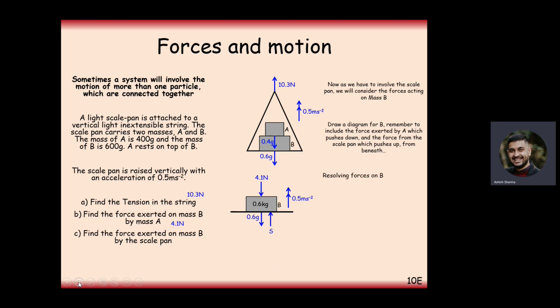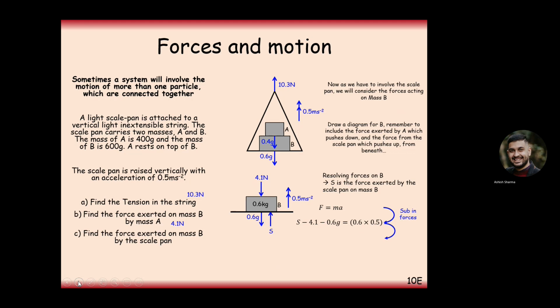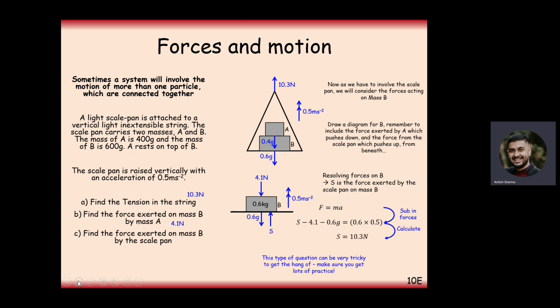If we resolve forces on B, we do F equals ma, obeying Newton's second law, and we take up to be positive. So any force upwards, which is S, and you subtract any force going downwards: S minus 4.1 minus 0.6g equals ma. And you solve to get S.